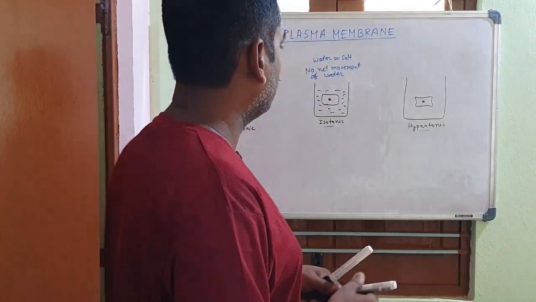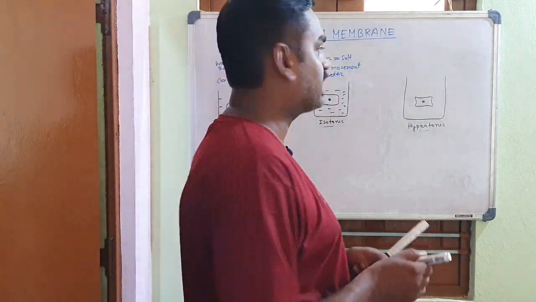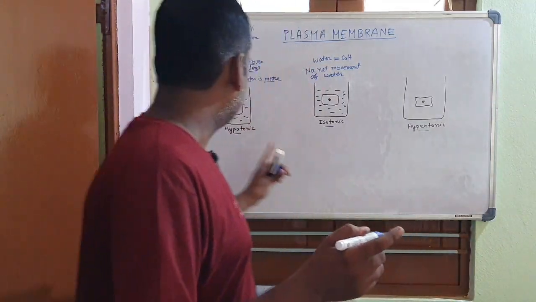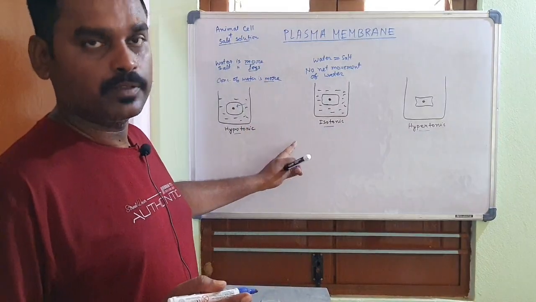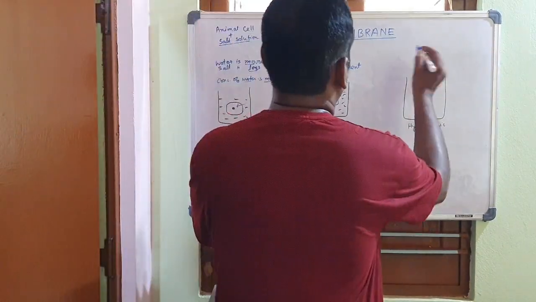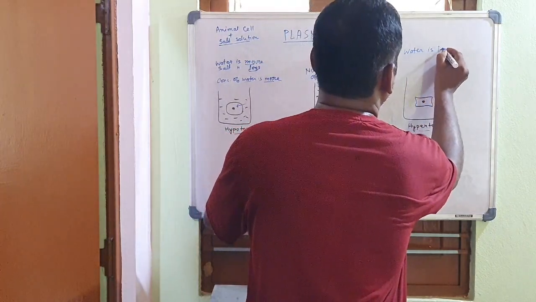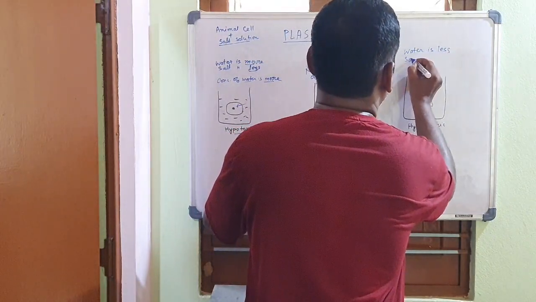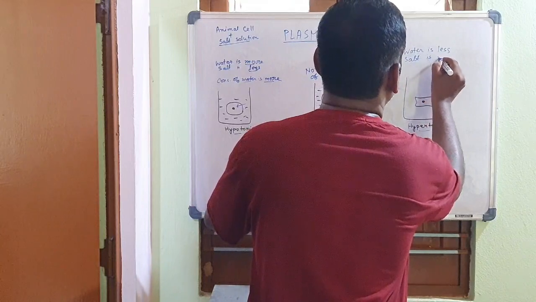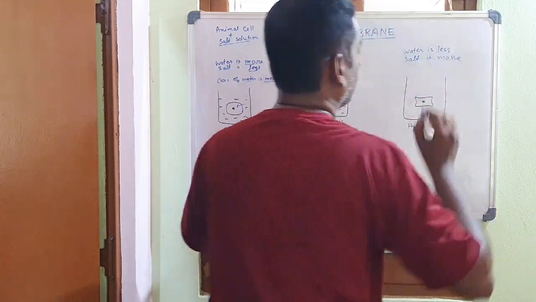Now let's talk about the hypertonic solution. It is just the opposite of the hypotonic. In a hypertonic solution, water is less and salt is more.